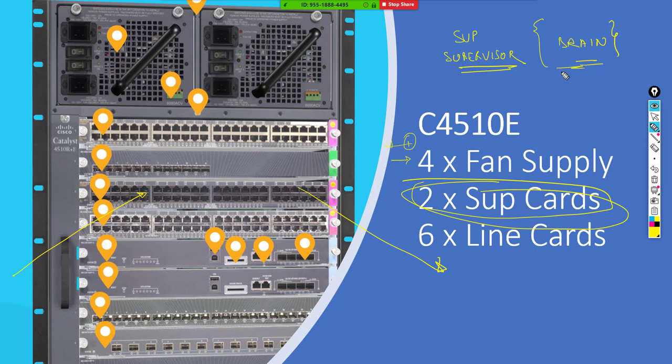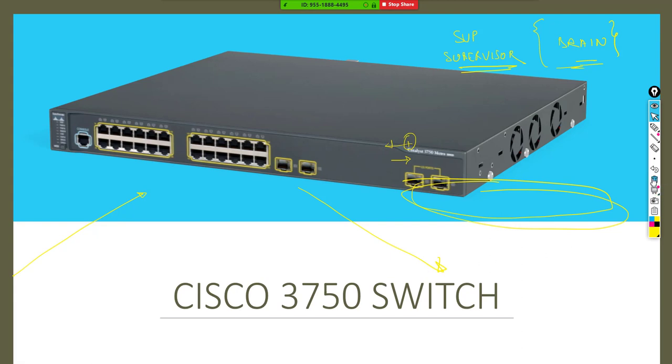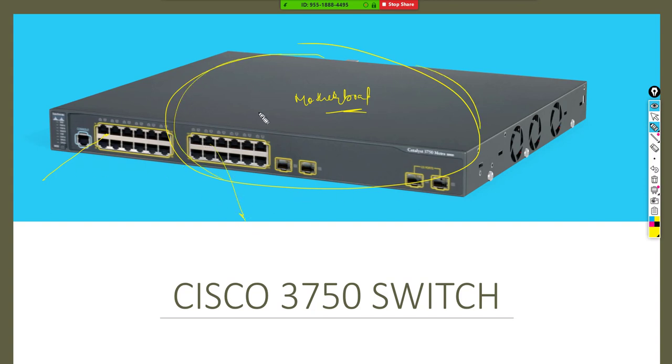That is the brain. Whereas in your previous devices, these kinds of devices, there is no sup engine. Every decision is made by the hardware, the motherboard within this switch. If something is coming in and something has to go out, all the decisions will be made by the hardware or the motherboard.